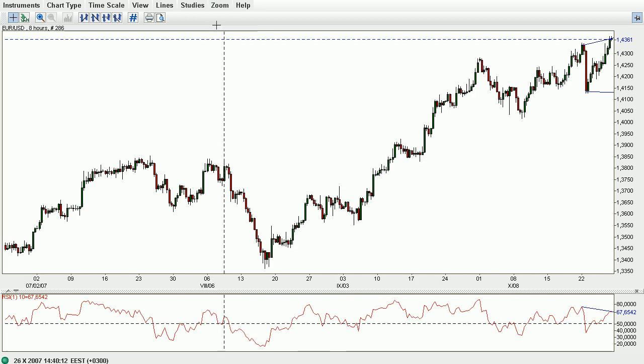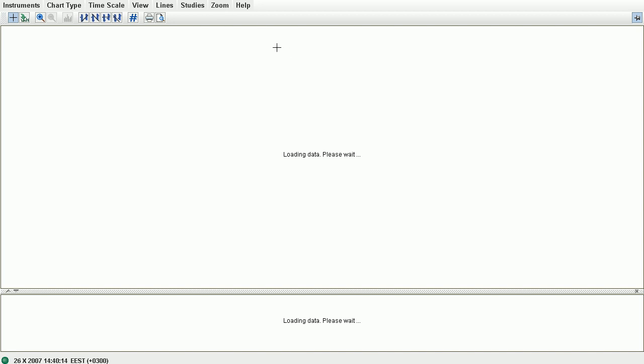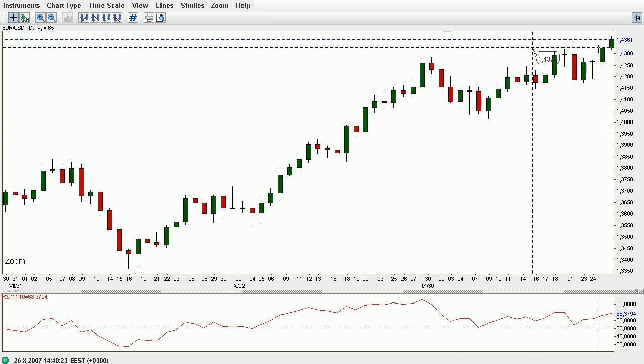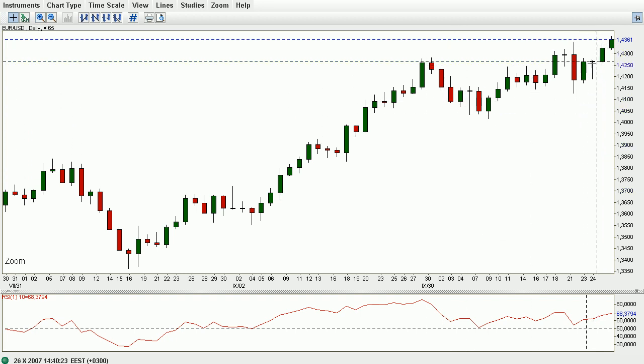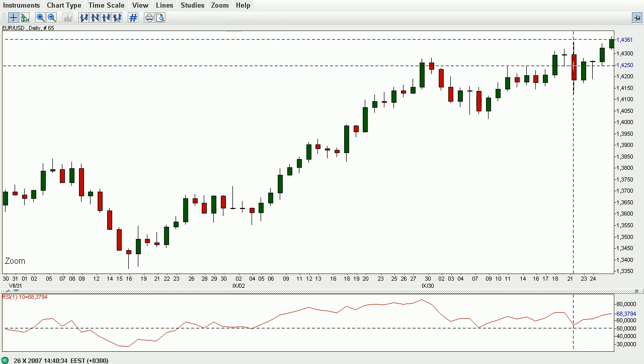Okay, so if we go to a daily chart of the euro dollar, we might see that this divergence that we saw last week, much of our gains were already taken, so we might have placed a stop loss order somewhere around this area of 42.50.